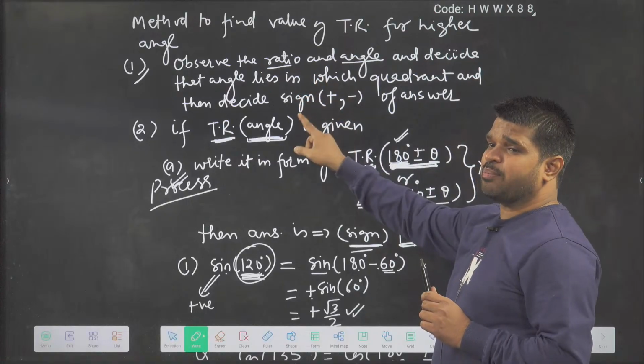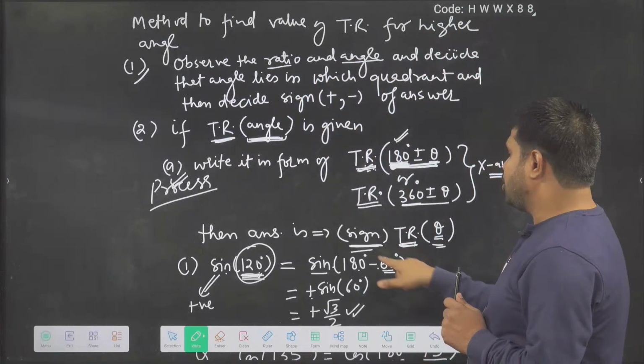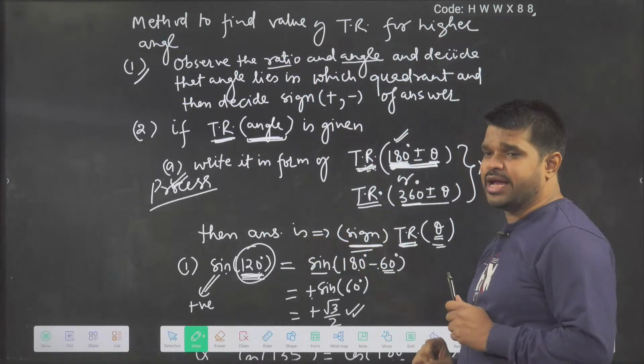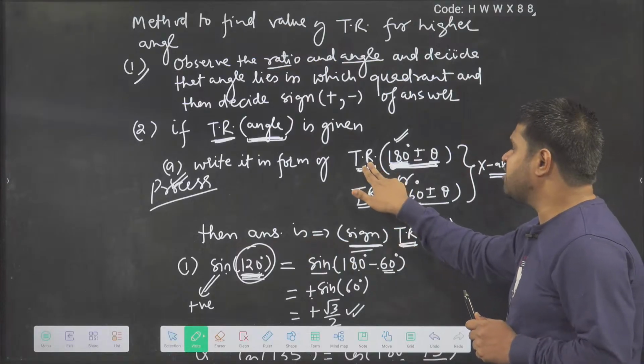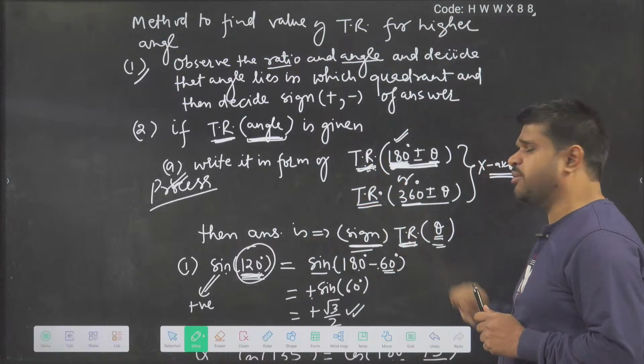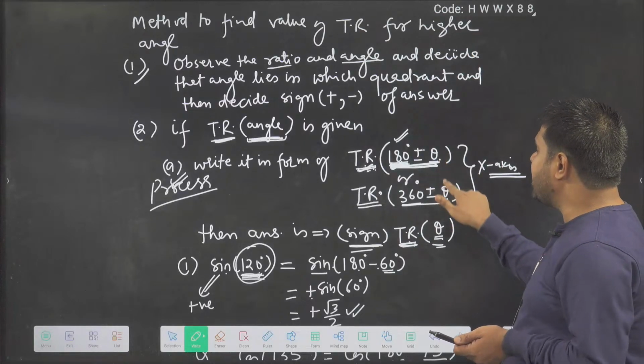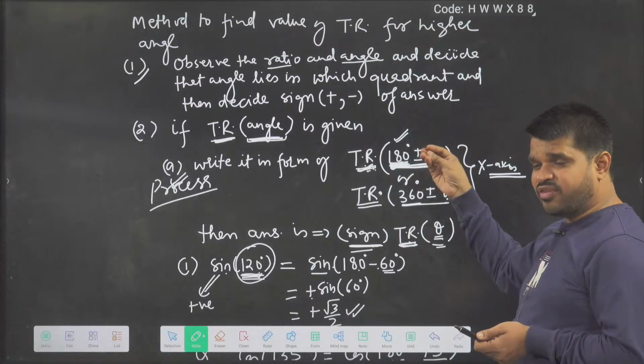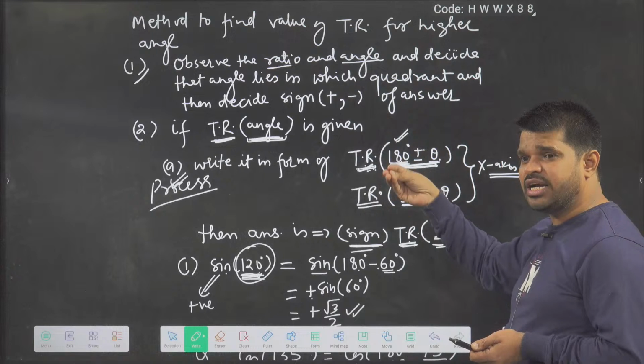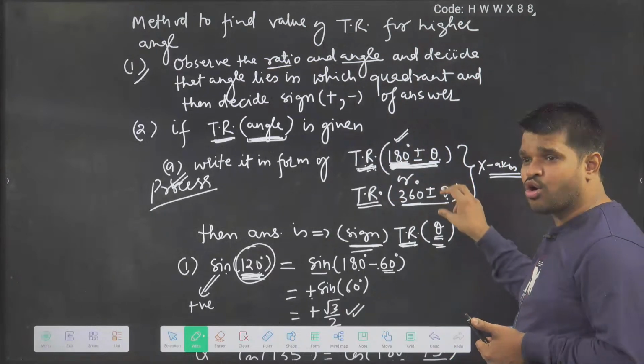Now answer is very simple. Sign of the answer, plus minus, you have already decided. So in answer first you have put the sign. Second thing, whatever ratio is written here, you have to copy the same ratio. And whatever angle you have got here, after 180 plus minus theta or 360 plus minus theta, copy that.